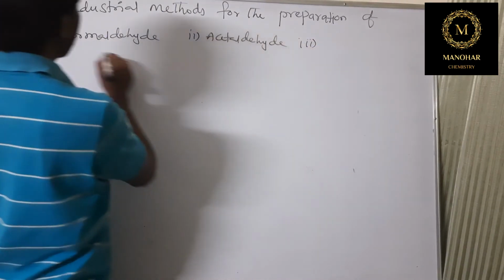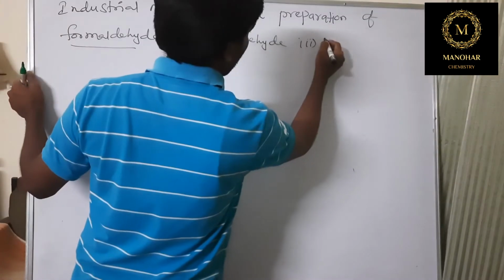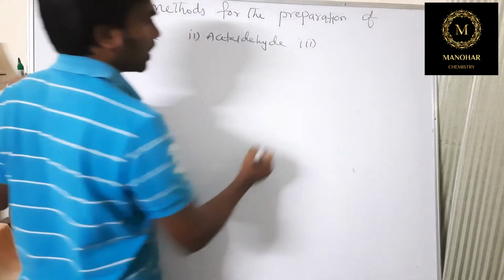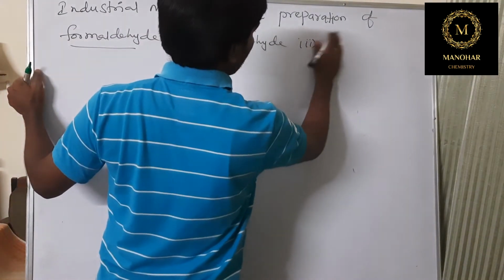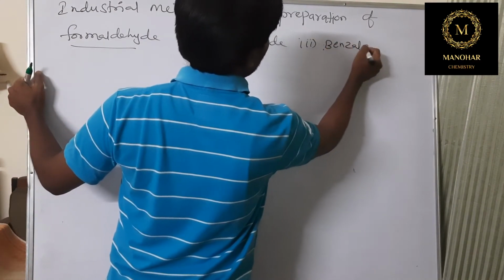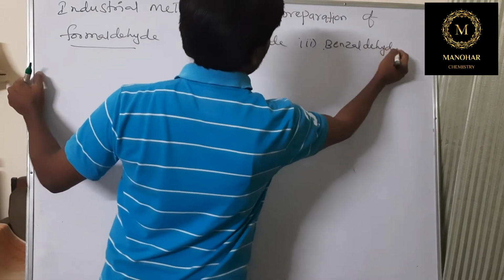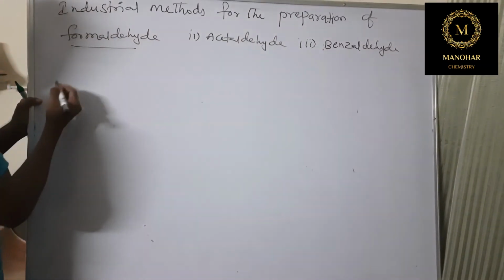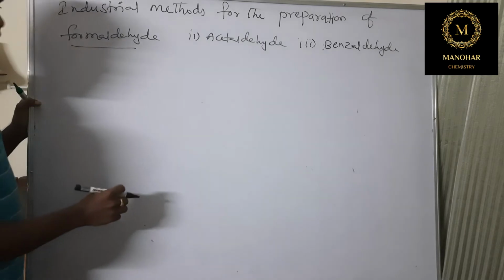How can we prepare these three aldehydes industrially? Industrial means if you want to prepare a huge amount, then we have to use this method. First we are going to discuss formaldehyde.